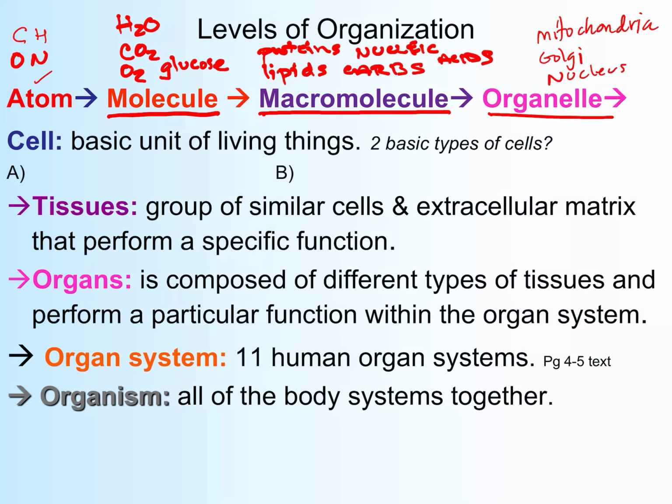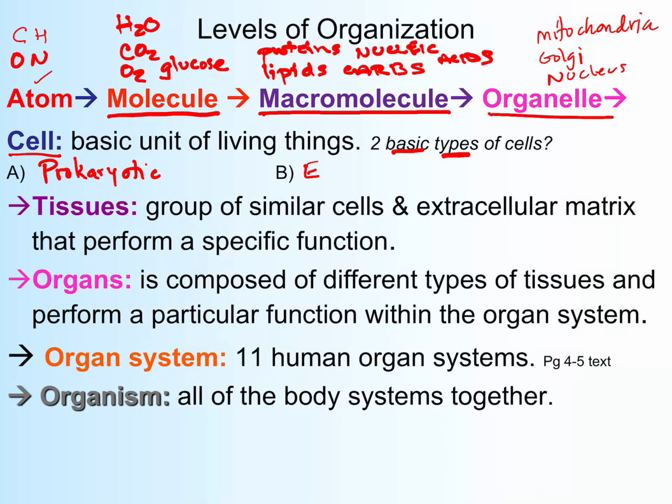When you put many organelles together, the next higher level is a cell. There are 2 basic types of cells in the world. Hopefully you remember this from Bio 3. There are prokaryotic cells, which are bacteria and archaea.